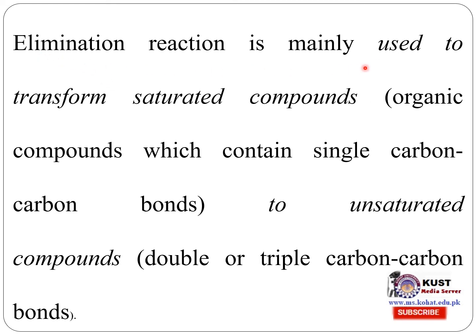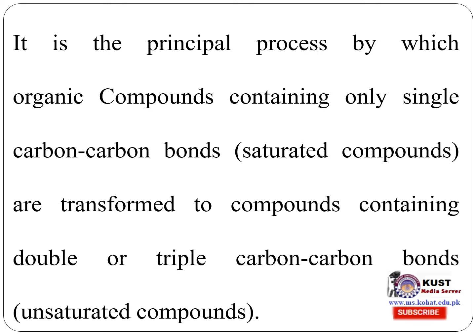Elimination reaction is mainly used to transform saturated compounds, that is, the organic saturated compounds which contain single carbon-carbon bonds, to unsaturated compounds, that are the compounds having double or triple carbon-carbon bonds. It is the principal process by which saturated compounds are transformed to unsaturated compounds.